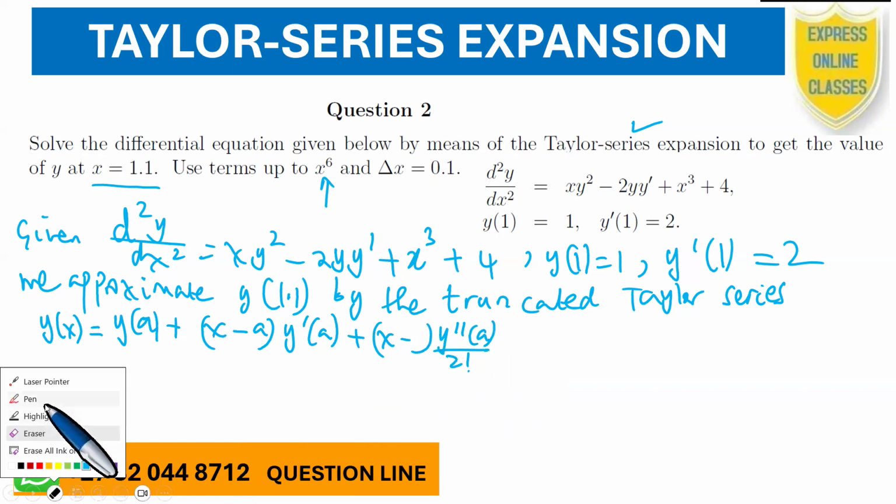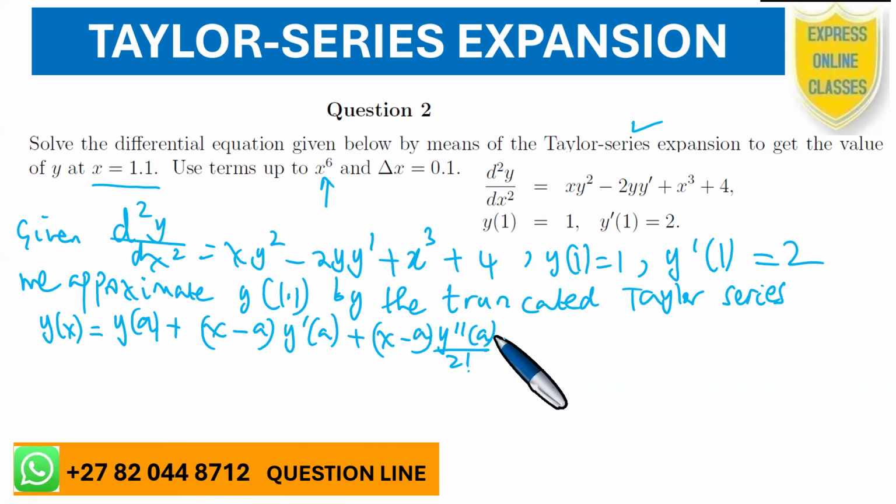So you have these, and then we have the square. And then you have these cubed, and then divide by 3 factorial.